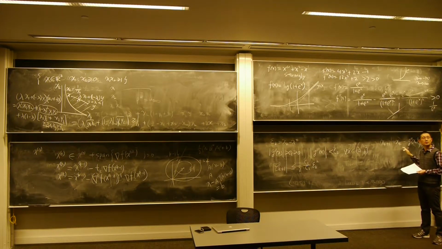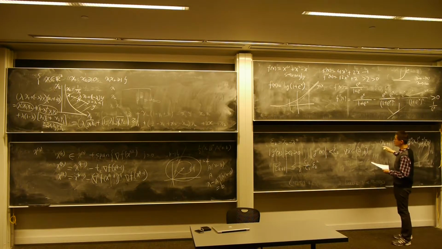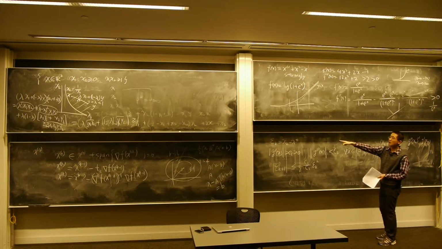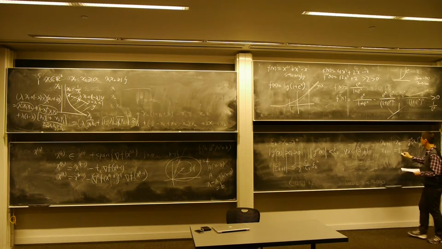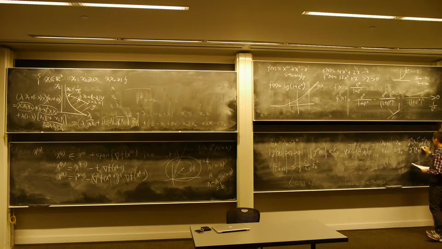This is the update rule. Okay? And I want to change these variables to epsilon. So I subtract x star on both sides. I get the change in my error.